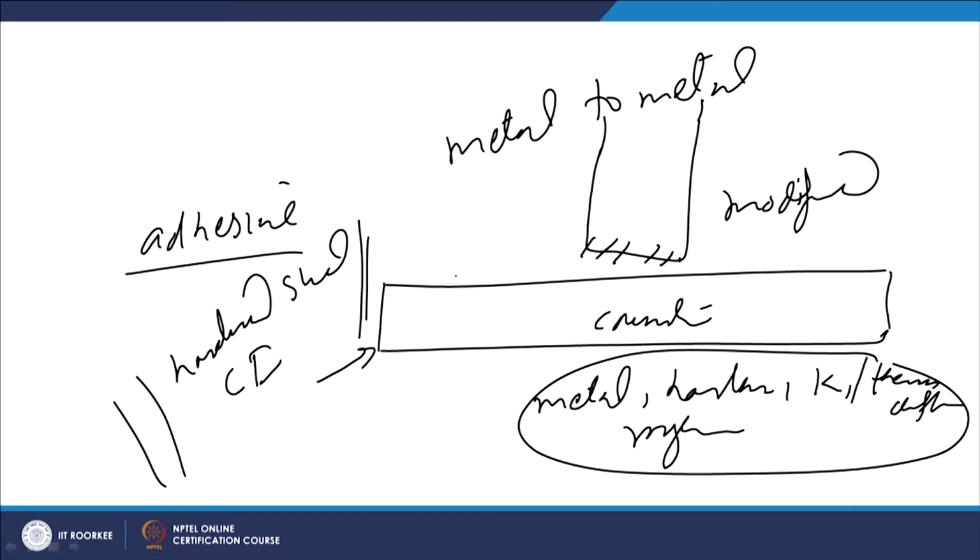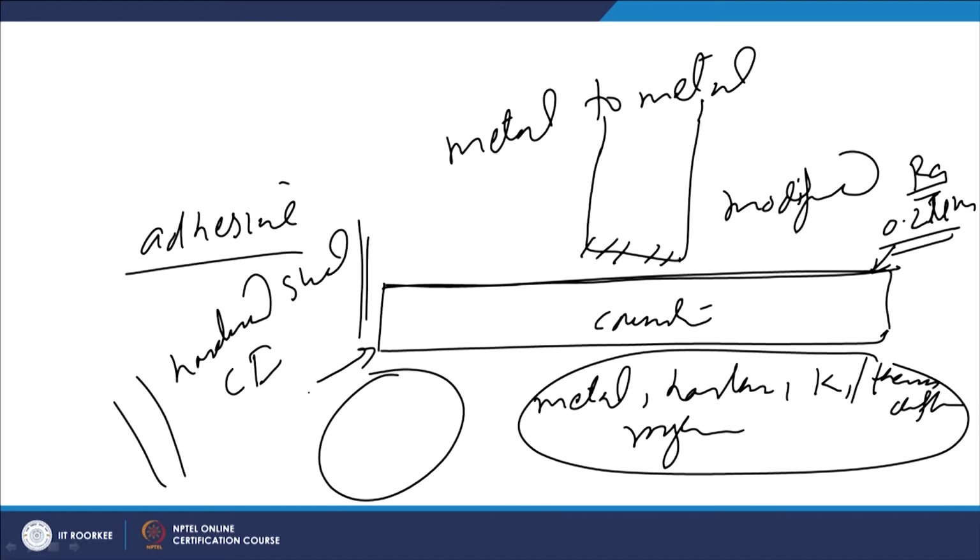Then we'll be smoothening it to the required level. Normally the counter surface is smoothened to very high degree of finish like 0.2 roughness value. 0.2 Ra is the roughness value, and against this counter surface, which is usually in form of the disc which is hardened, ground, smoothened, finished, we place the sample of the modified surface whose wear resistance is to be checked, and then we apply the normal load.